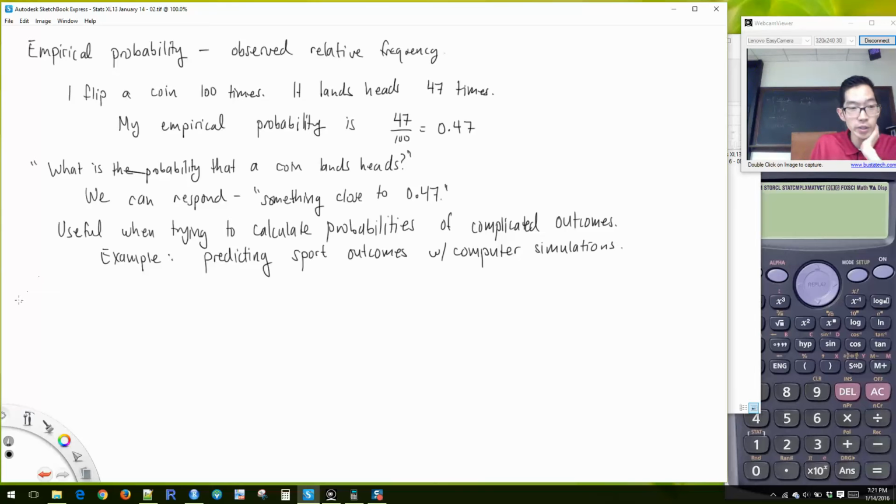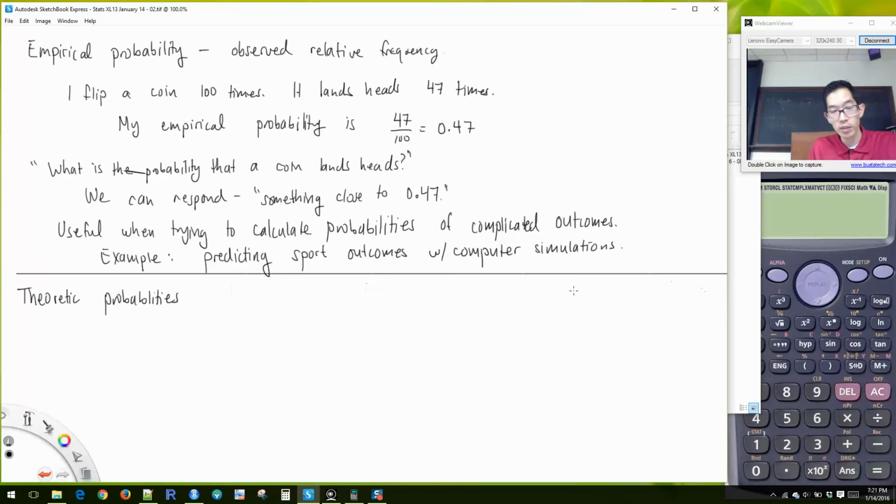And on the other hand, we have theoretic probabilities. Okay, and so theoretic probabilities, these are probabilities that are determined with mathematical rules.